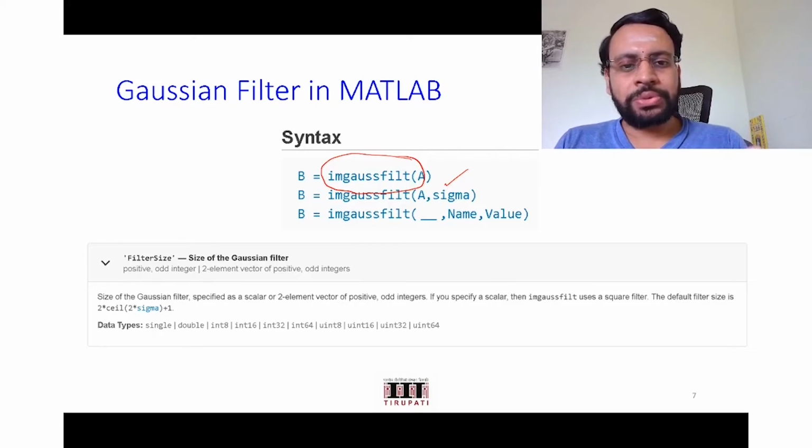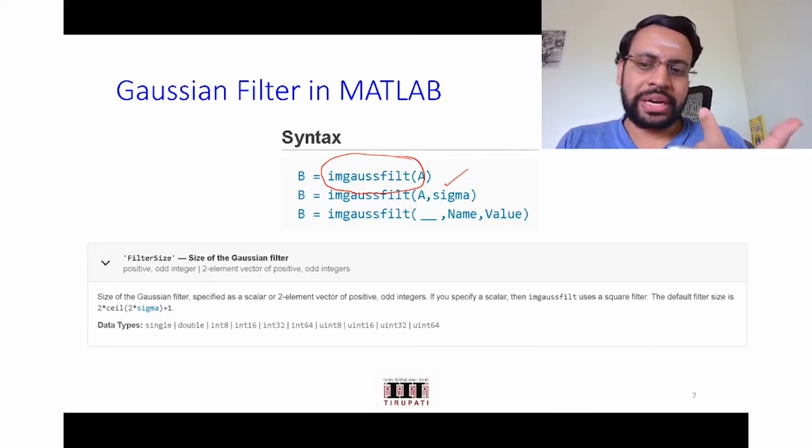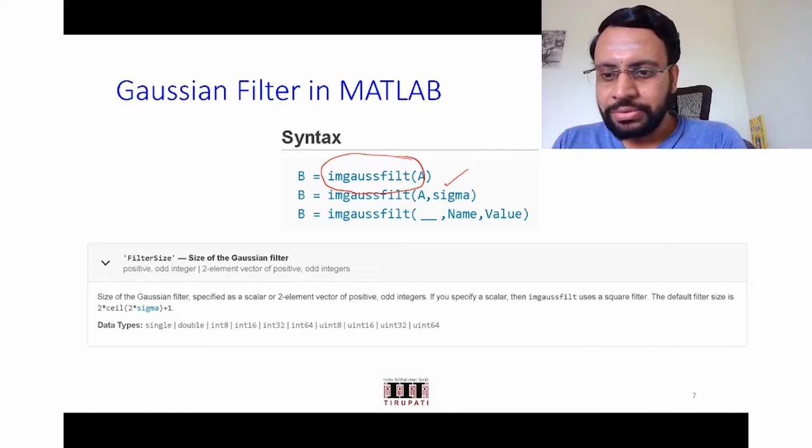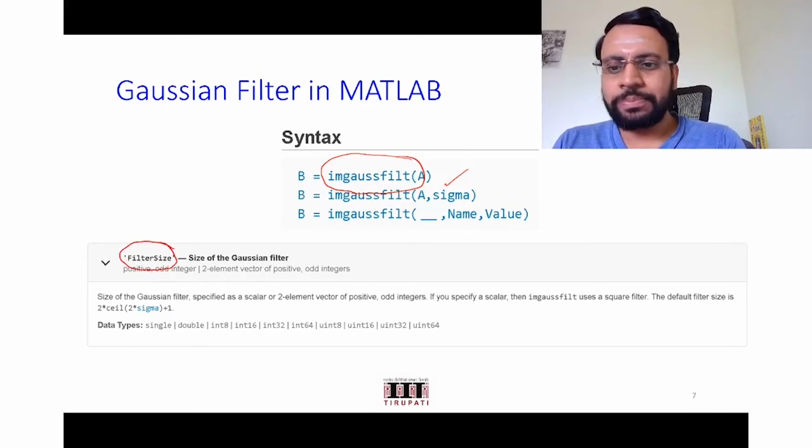Then if you don't further give any value for the kernel size, which is referred to as the filter size here, what value does it take? It takes twice the sigma value and takes the ceiling of that value. For example, one kernel at 0, and then on this side the number of kernels would be whatever there are here.